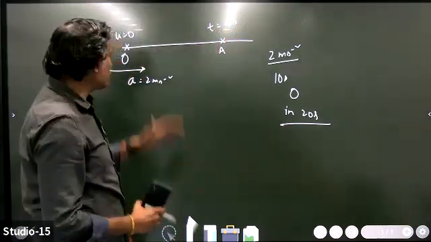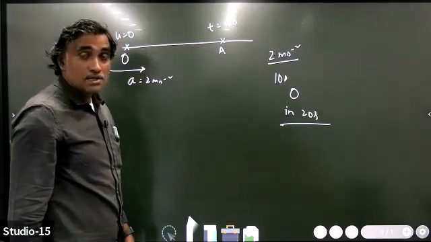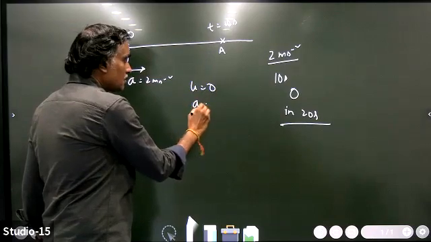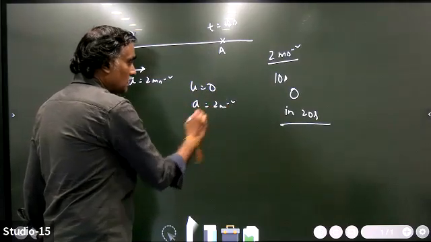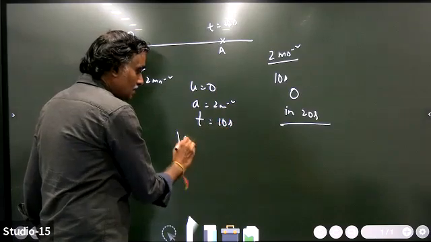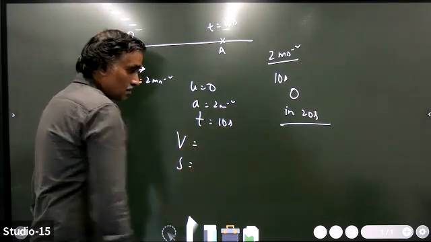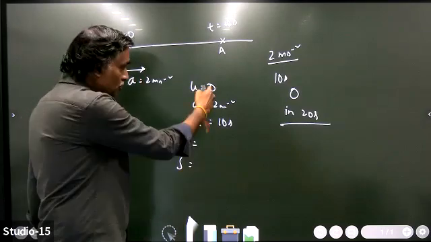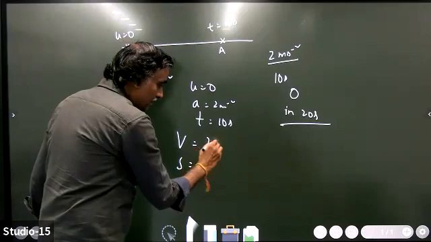So for the first 10 seconds, what is the initial velocity? 0. Acceleration 2. Time 10 seconds. You have to find final velocity and displacement. What is the formula you should use? v equal to u plus at. If I use v equal to u plus at, you'll get 20 meters per second.